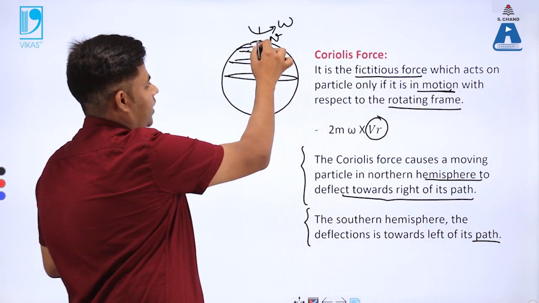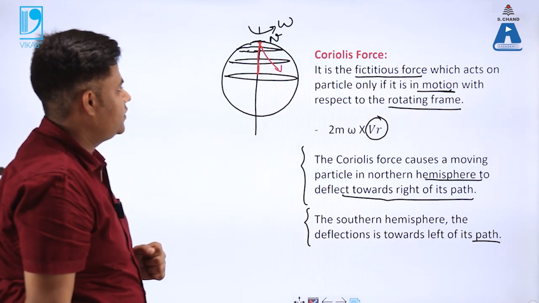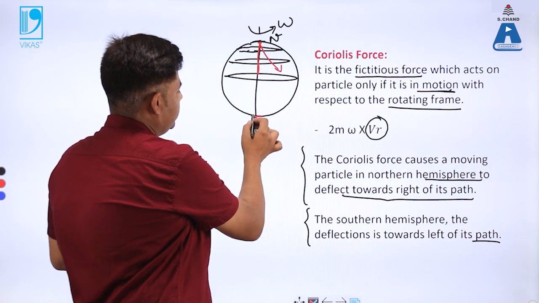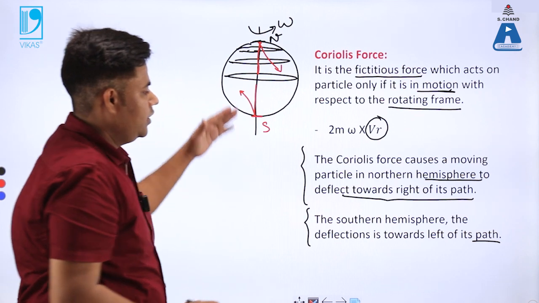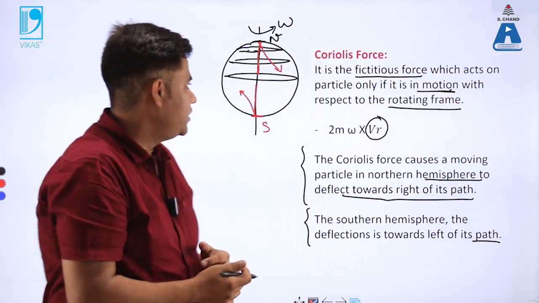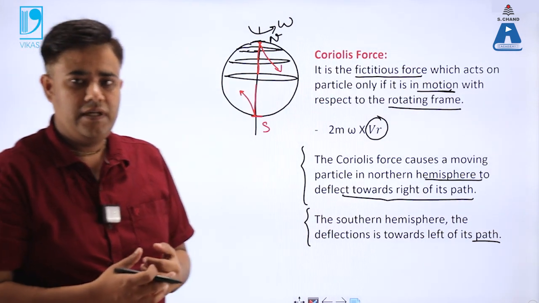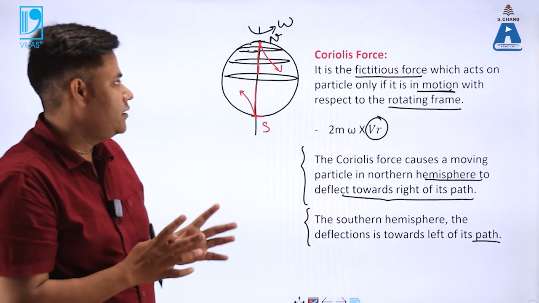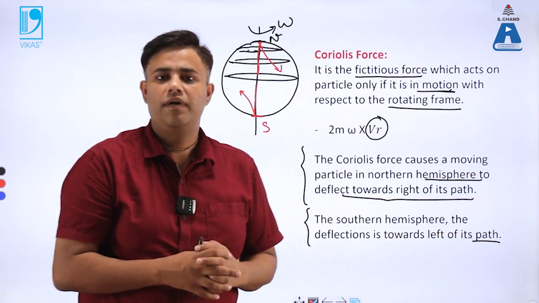Because of the different magnitudes of the forces, it would be diverted towards the right of its path. And similarly for the southern hemisphere, it would be deflected towards the left of its path due to the changing values of the forces. So this is the aspect which is related to the Coriolis force in the rotational frames of reference, particularly for the case of earth.